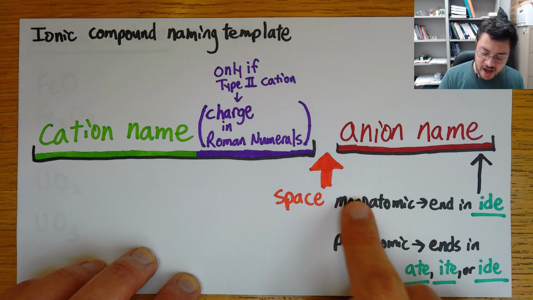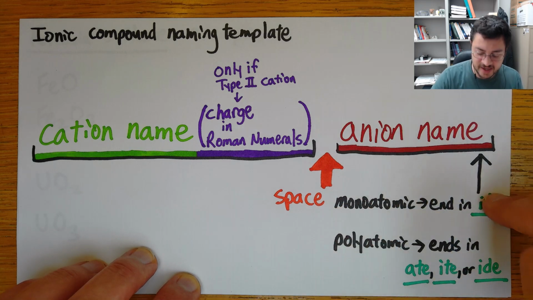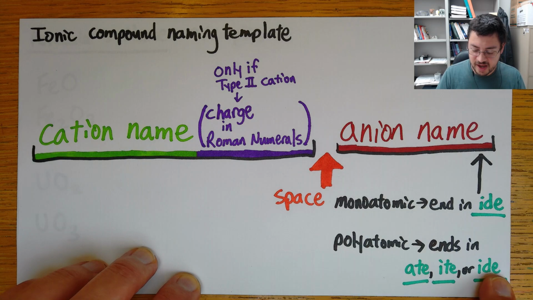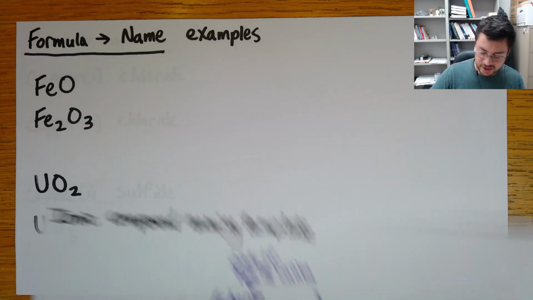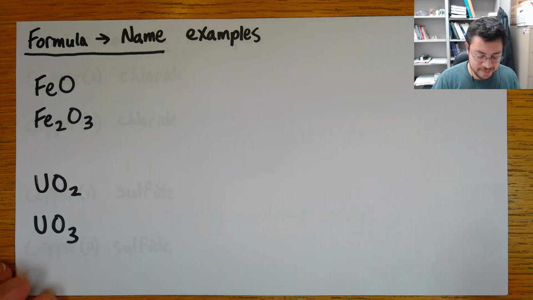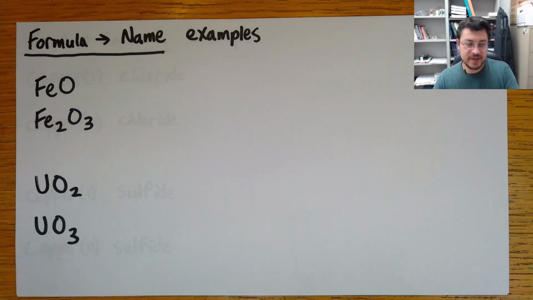Everything in my video today will be monoatomic, so the anion is going to end in "ide." We'll talk about polyatomics in the next video. All right, so let's go on to some examples. We'll do like we've always done, some formula to name examples, then going the other way, name to formula, and then we'll end with some what's wrong examples.